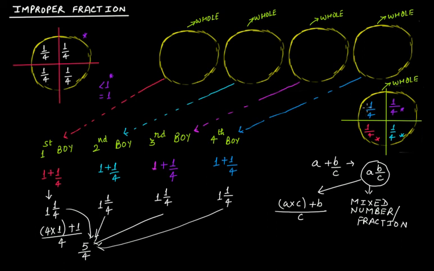Now since we are taking each object as a separate whole, as a separate entity, as a separate unit, it's always going to be greater than 1, because you're adding something to 1. When you are adding something to 1, that fraction will always be greater than 1.